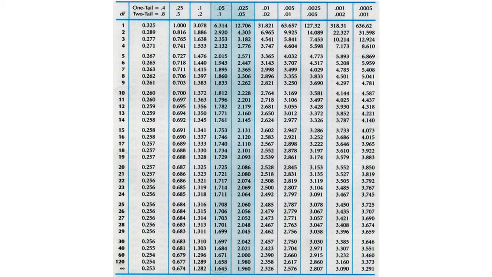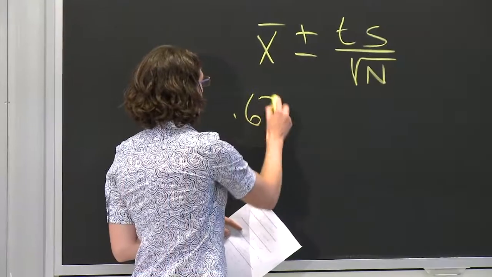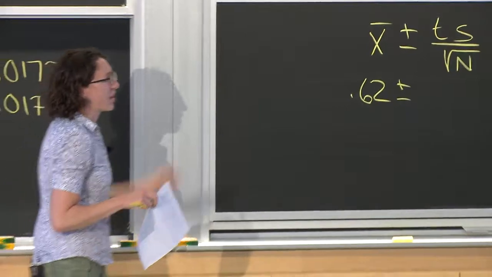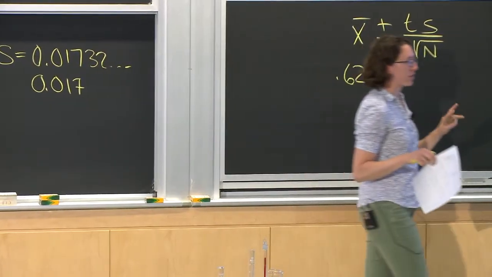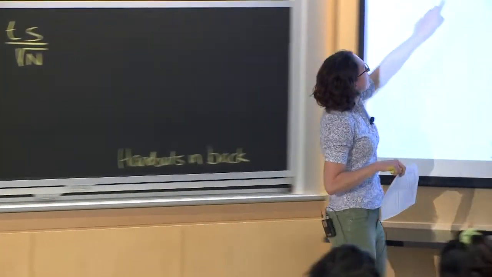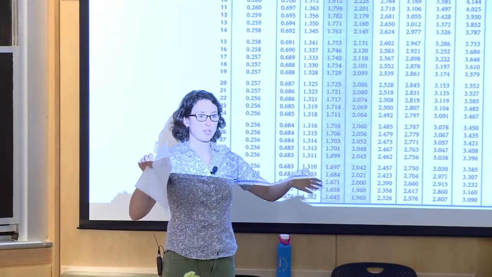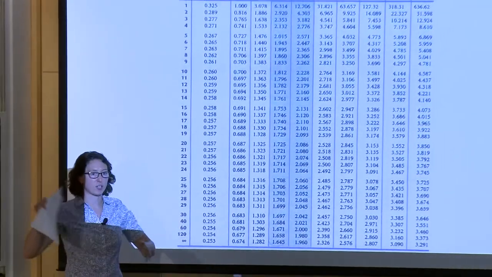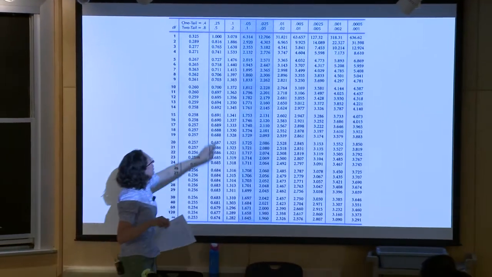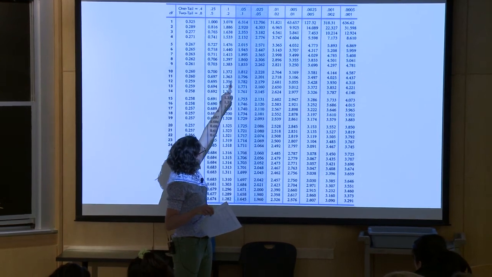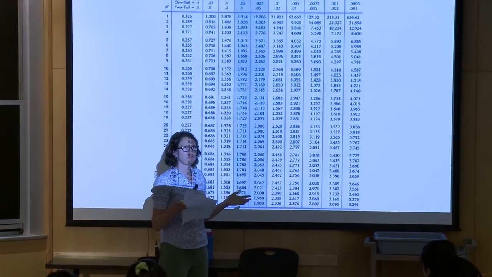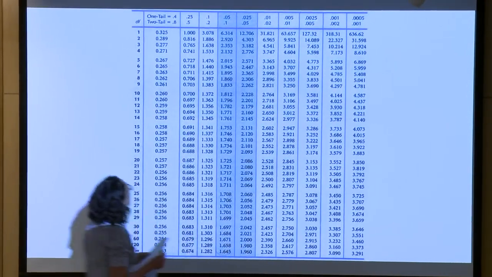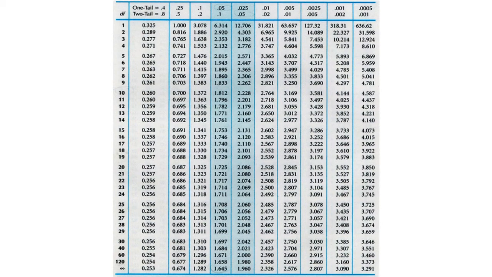Our average of the mean was 0.62 plus or minus. If we have 4 measurements, our degrees of freedom is going to be 3, so n-1. Then we want to use a two-tailed t-test because we don't know which way our measurement is going to vary. The two-tail means that it could be higher or lower than the actual mean. So you want the value of 0.05, which corresponds to the 95% confidence interval, and 3 degrees of freedom, so 3.182 is our t-value.